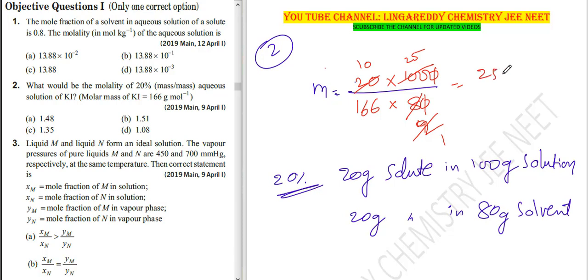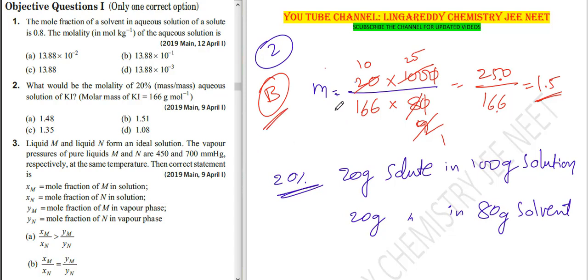That means approximately 250 by 166. I can write 25 upon 16.6. So approximately 1.5 is there. So your answer will be option B.